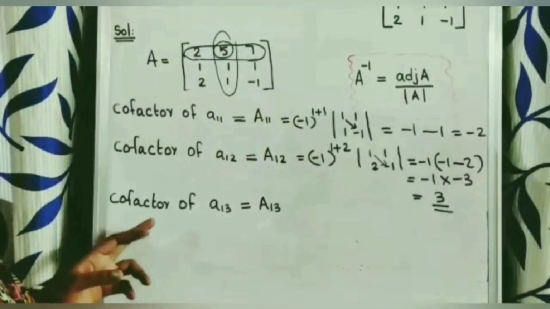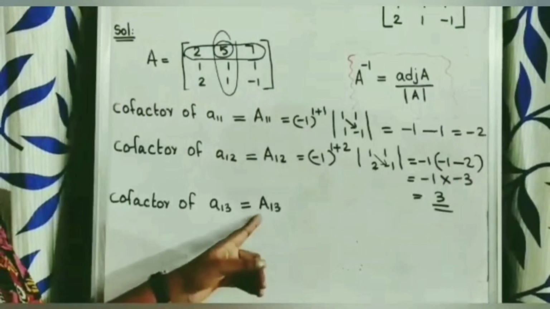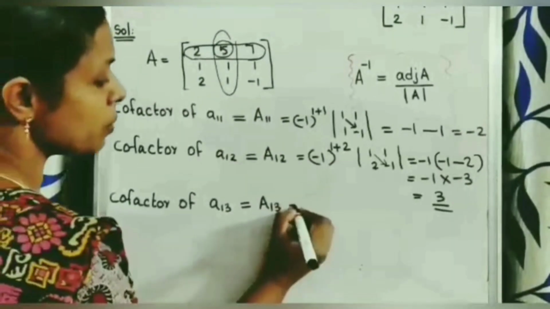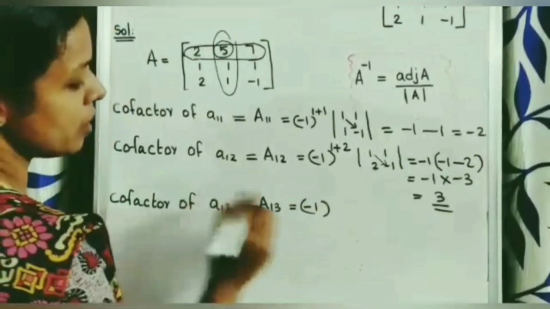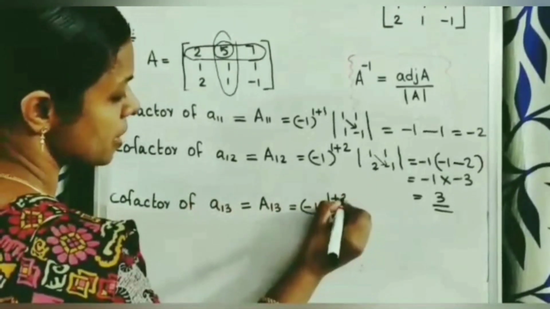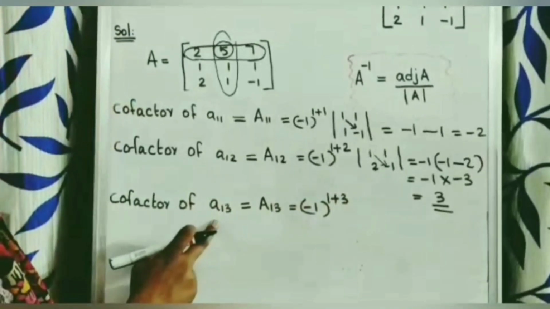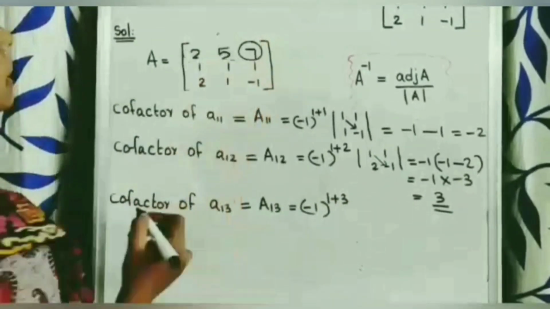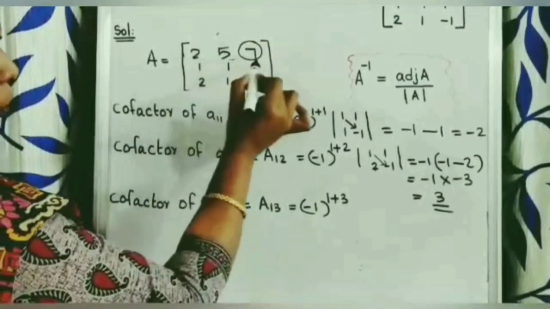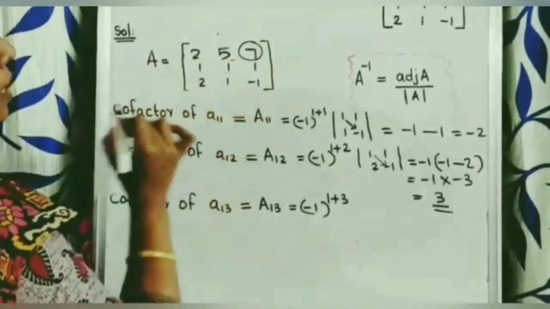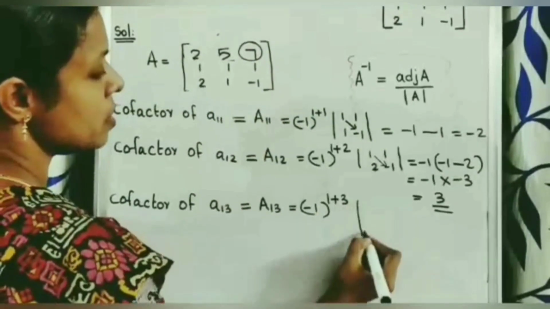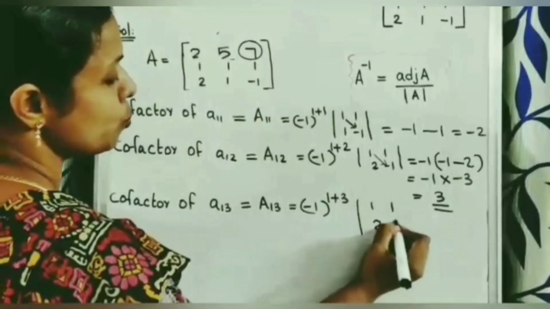Next we find cofactor of A13. We denoted it as capital A13. That is equal to negative 1 whole raised to, here I is 1, J is 3. We can write it as 1 plus 3. Here A13 is 7. Then eliminate first row and third column. We get 1, 1, 2, 1. Determinant 1, 1, 2, 1.